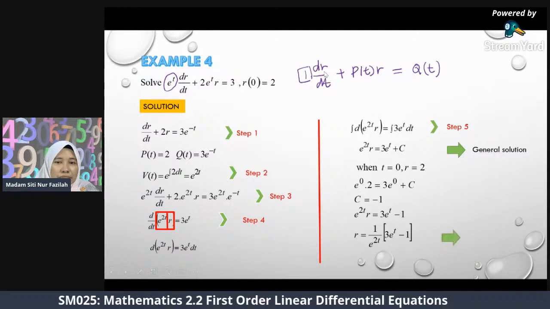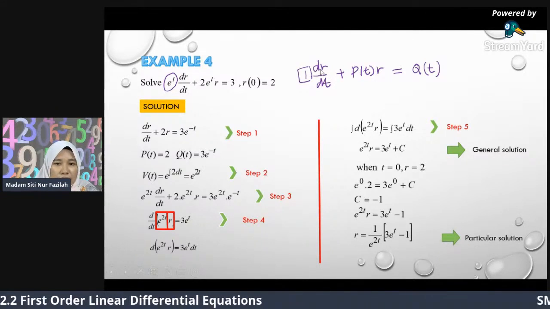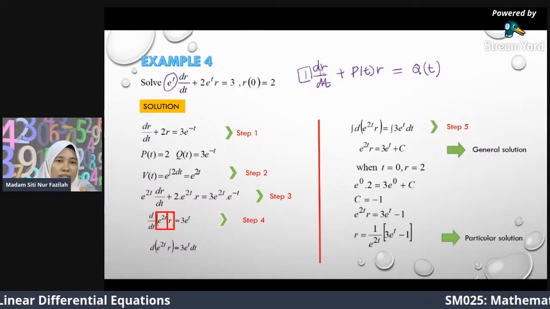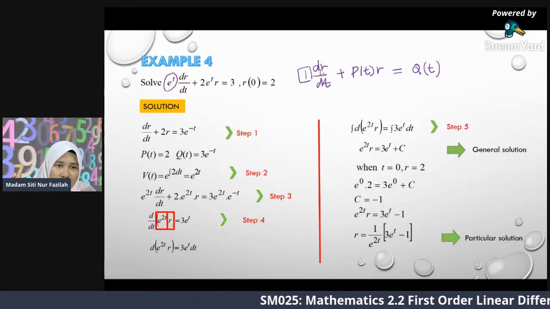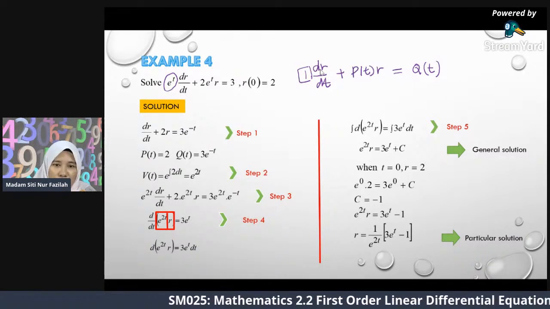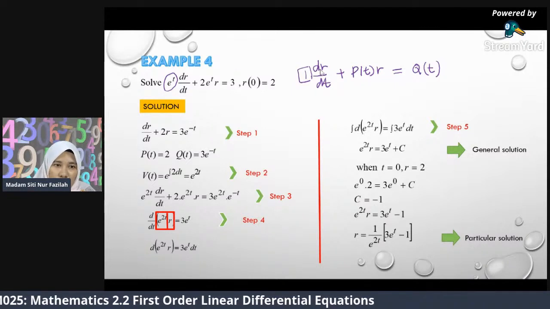This is the answer for the particular solution. Example 4 also has a condition, so we need to find the particular solution.